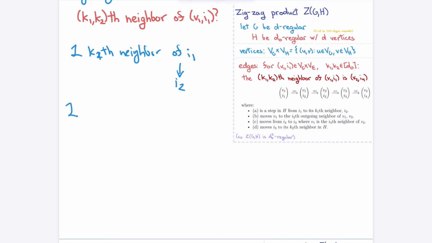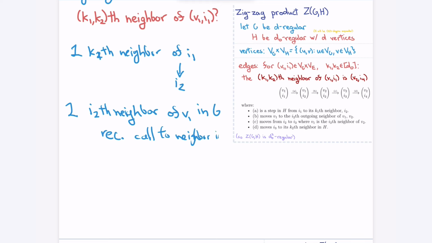Then two, you have to get the I2th neighbor of V1 in G. That will be a recursive call to a neighbor in G. That's when the recursive stack starts going again, and that'll give you some V2.